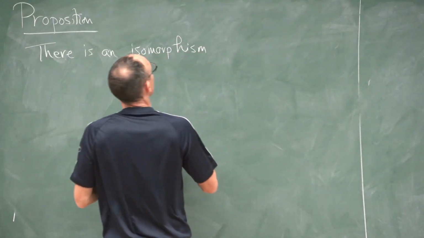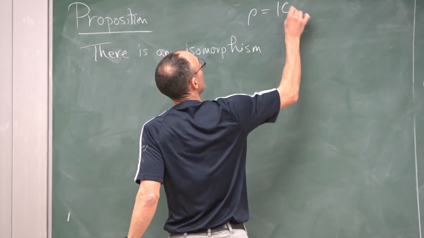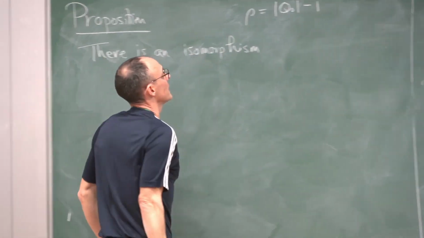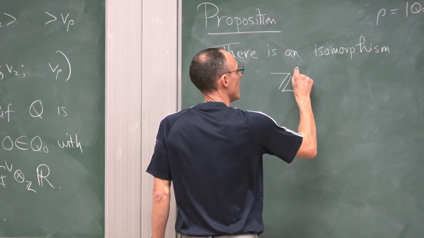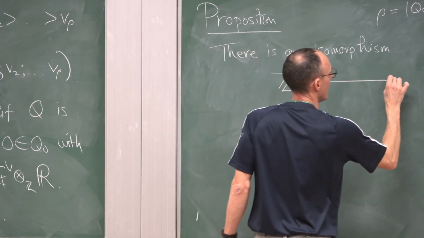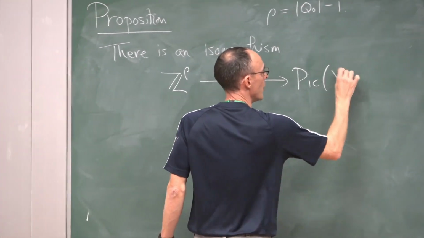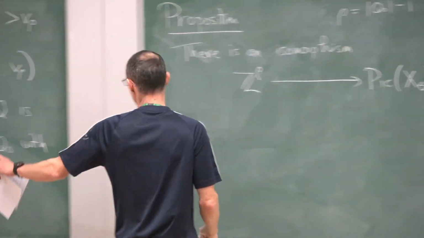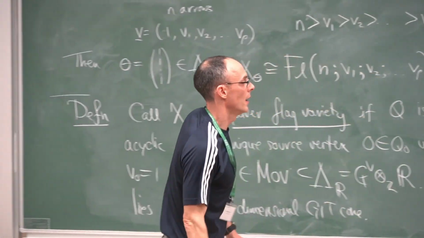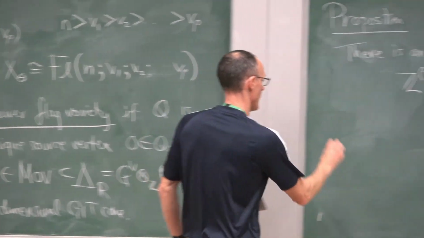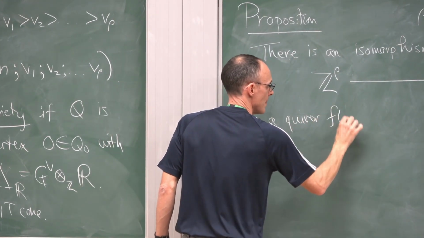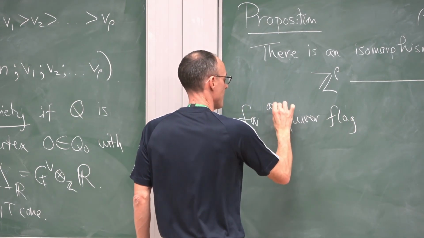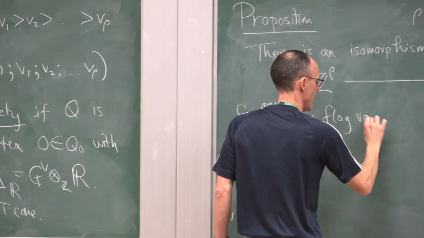Okay, so I won't enumerate it, but let me remind you and me that's the number of vertices minus 1. So there's an isomorphism from Z to the rho to the Picard group of a quiver flag variety. So let's assume, for any quiver flag variety.